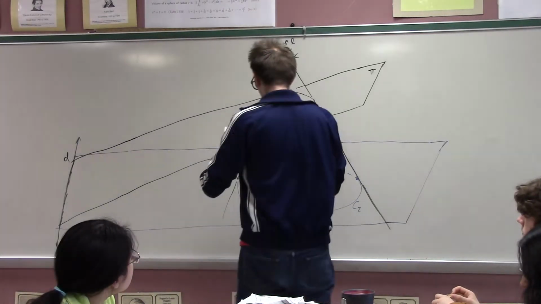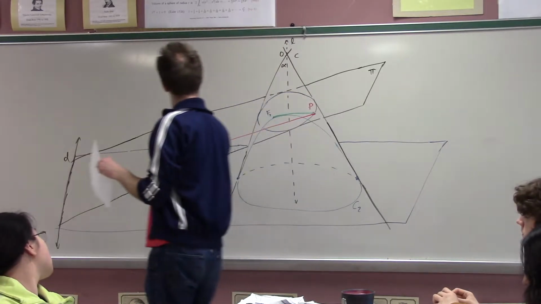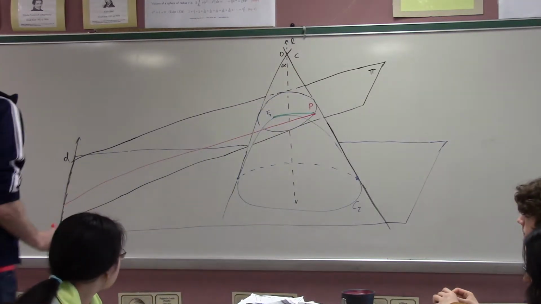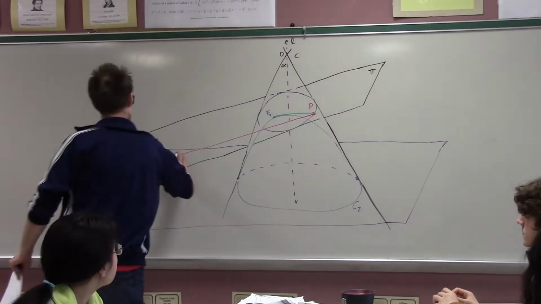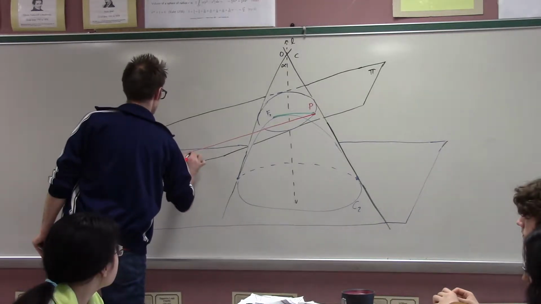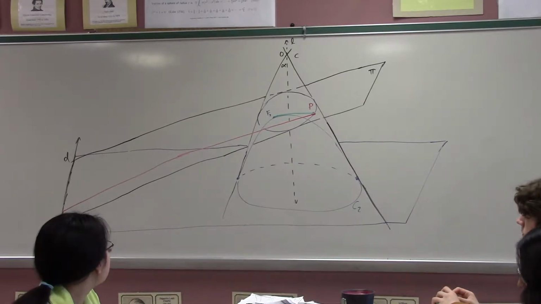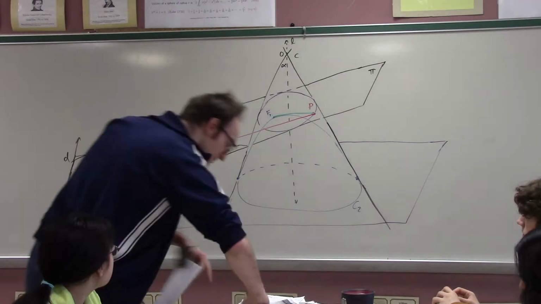Okay, so I will now draw this. So that distance from P to the directrix is the distance from the point to the directrix. Okay. Good. All right. Now, according to my directions.